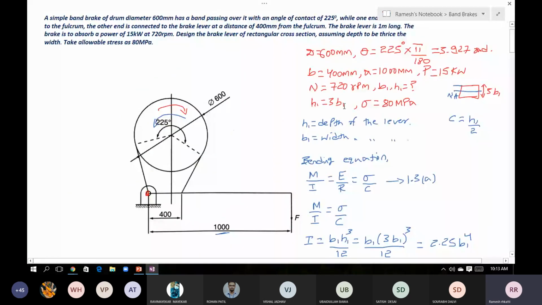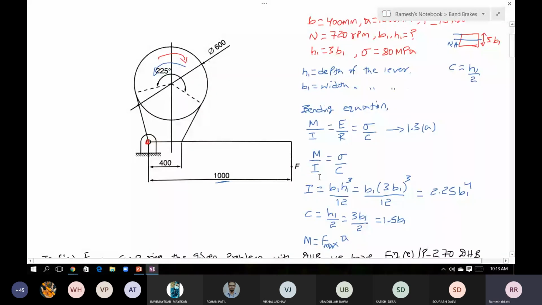Now you can use this equation. You have calculated M, the moment of inertia is already calculated, C is nothing but 1.5 B1, and stress is also given. Substitute all the values and you are going to get the value of B1.